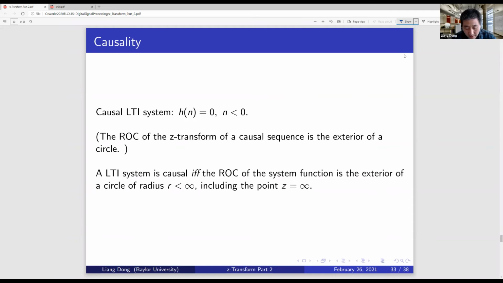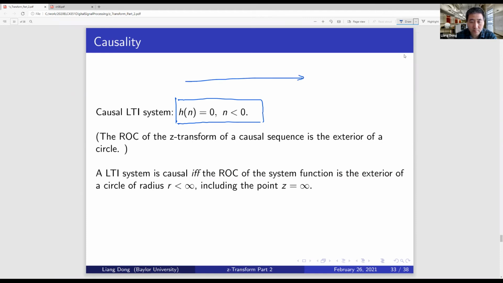Okay, so let's look at some characteristics of some special systems. For a causal system, if I have a causal linear time invariant system, in time domain, this is its definition. If we're looking at the system impulse response h[n], when n is less than 0, the impulse response is 0.